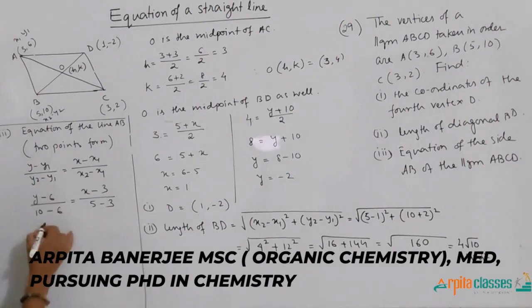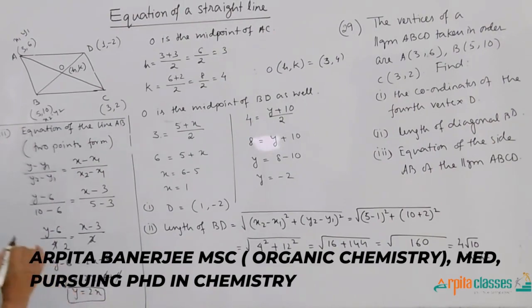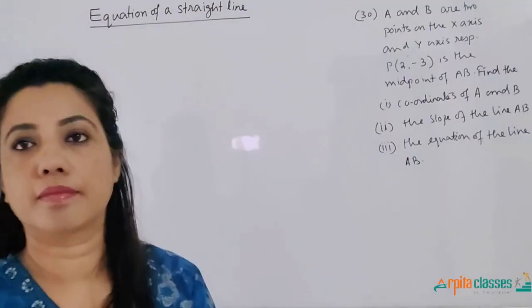Now let us calculate this. (y minus 6) upon 4 is equal to (x minus 3) upon 2. This will get cancelled. So y minus 6 is equal to 2x minus 6. So y is equal to 2x minus 6 plus 6. This is getting cancelled. y is equal to 2x. So the equation of the line AB would be y equal to 2x.